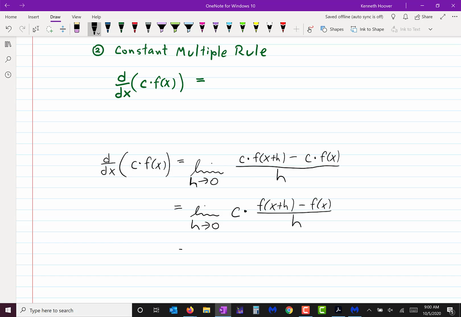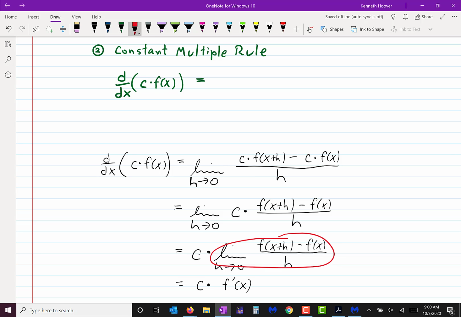And I can even factor that all the way out of the limit. So now just ask yourself, what have we been left with? We've just been left with c times f prime of x, because that's what this is right here. So the derivative of a constant times f equals that constant times f prime.